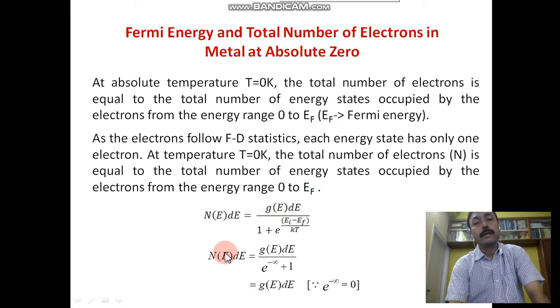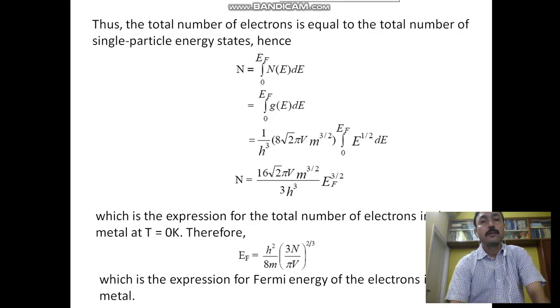So N(E)dE is equal to g(E)dE by (e to the power minus infinity plus 1), that is 0 plus 1, which means 1. So N(E)dE is equal to g(E)dE. Thus, the total number of electrons is equal to the total number of single particle energy states.